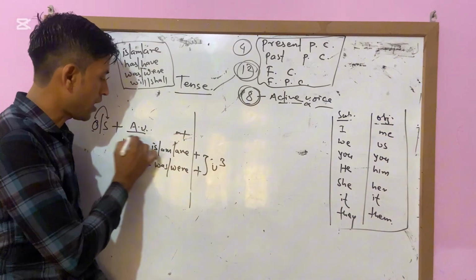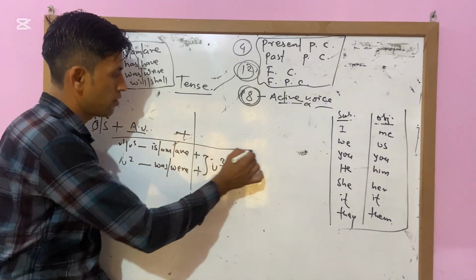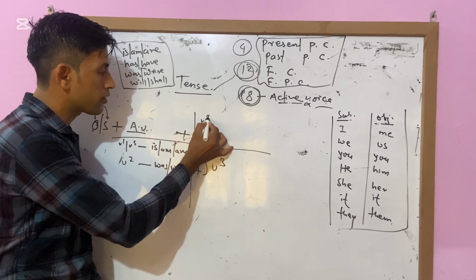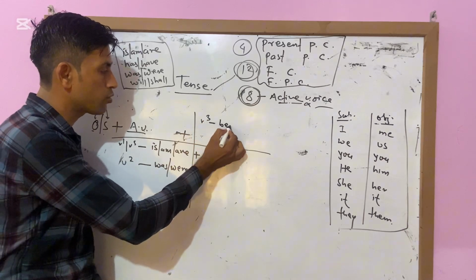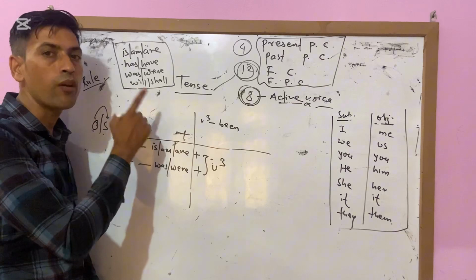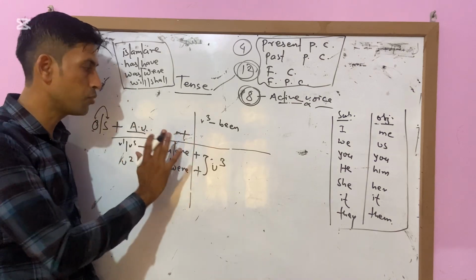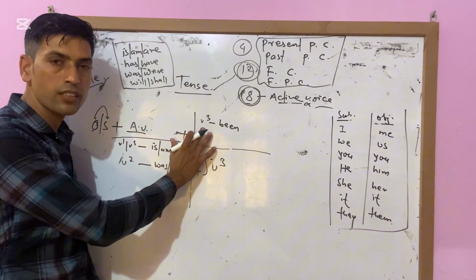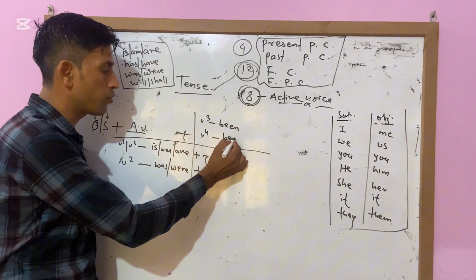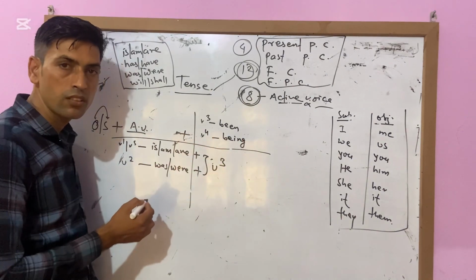Then after that, if verb 3 is given, then we use been. I will give an example in a question, don't worry, you will understand it. If verb 3 is given, then we use been. If verb 4 is given, then we use being, right?